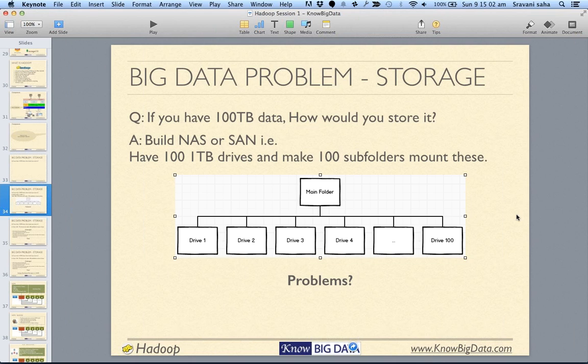So what exactly do you see as the problem in this architecture? Do you see any problem with this architecture? We will not utilize all the disk space. That is good. Any other problems do you see with this architecture?